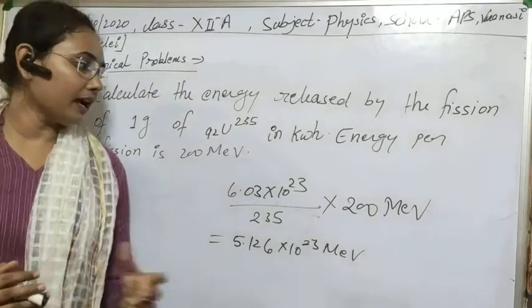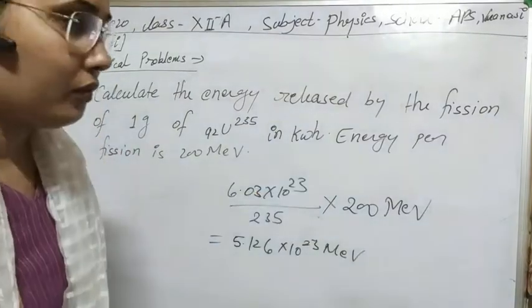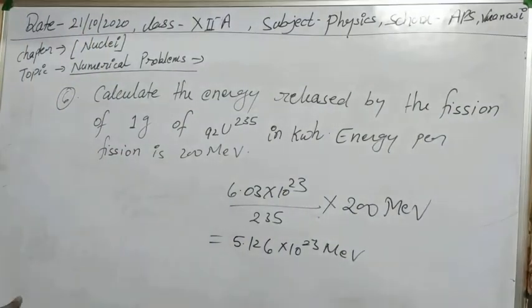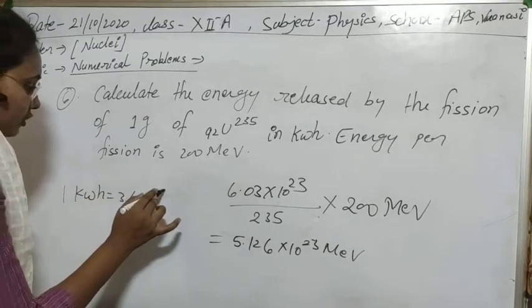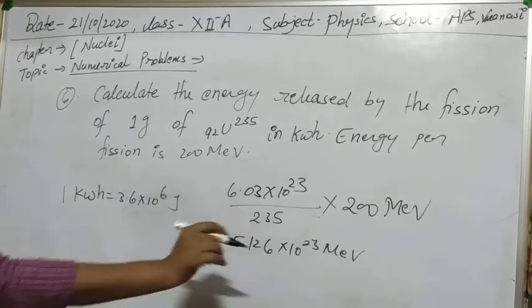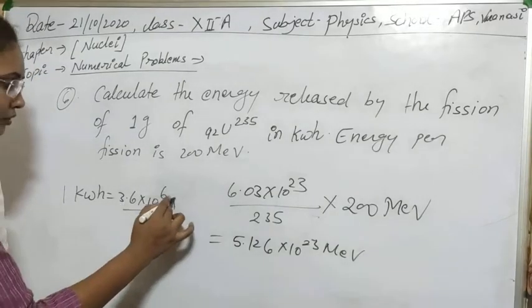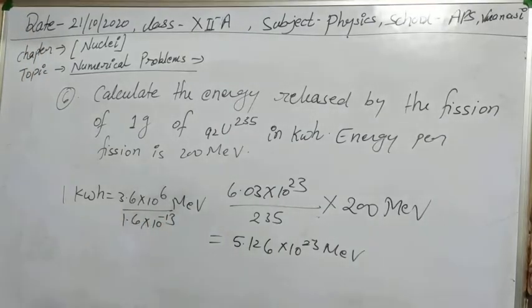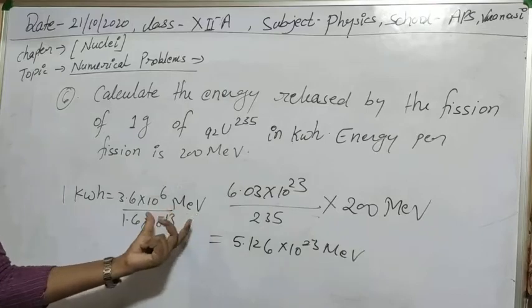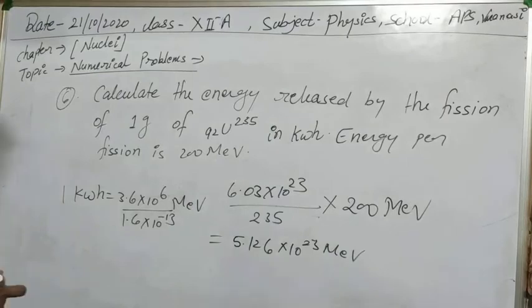Now we have to calculate the value in terms of kilowatt hour. The main problem is that we have to use the conversion of units. As you know, 1 kilowatt hour is 3.6 into 10 to the power 6 joule. To convert joule into mega electron volt, we divide by 1.6 into 10 to the power minus 13. Here we have to convert mega electron volt into kilowatt hour, so we solve it in the reverse process.